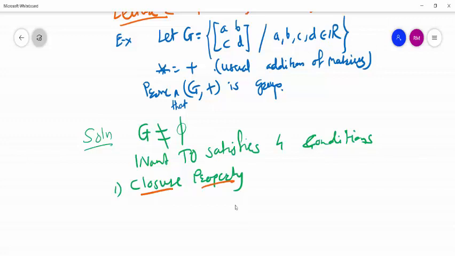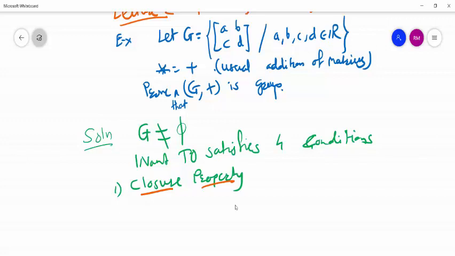What is the closure property? It means if you take any 2 elements in G, then their binary operation which you have given, that product, should come in G. So we have to take 2 elements in G.